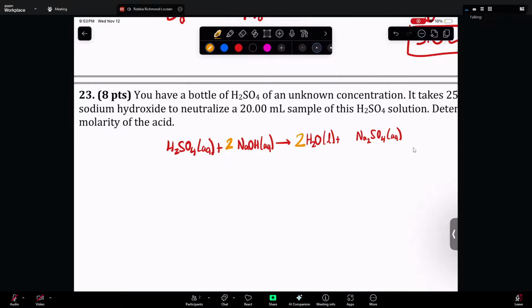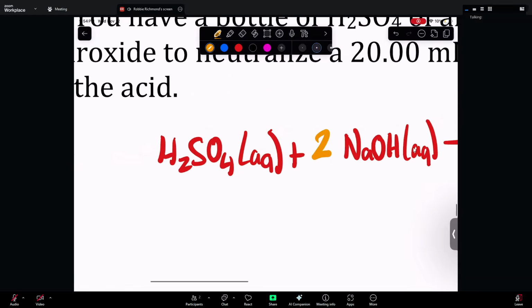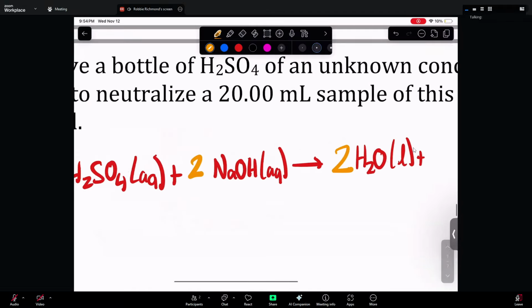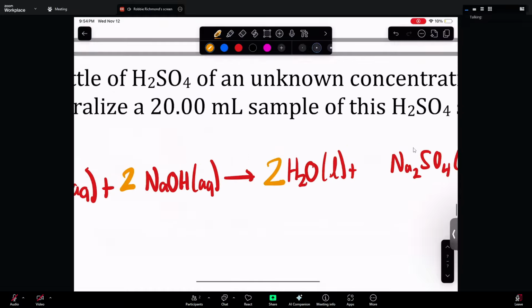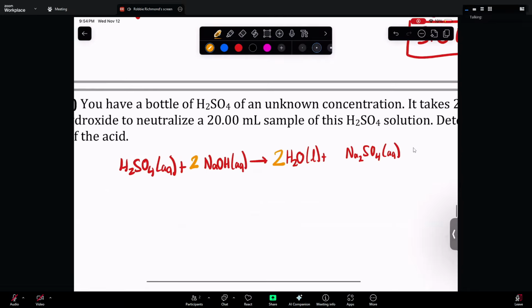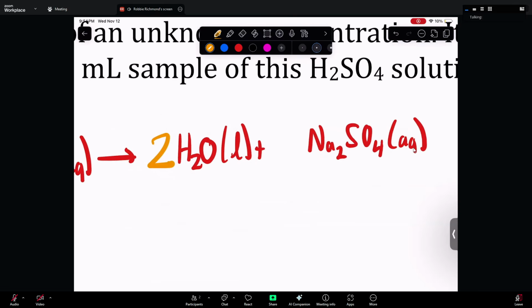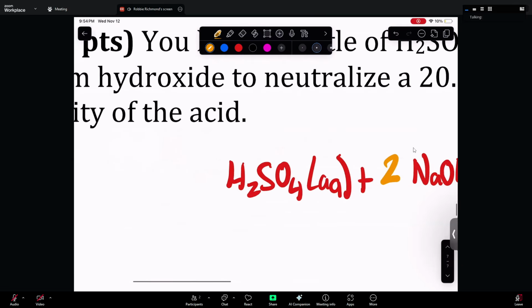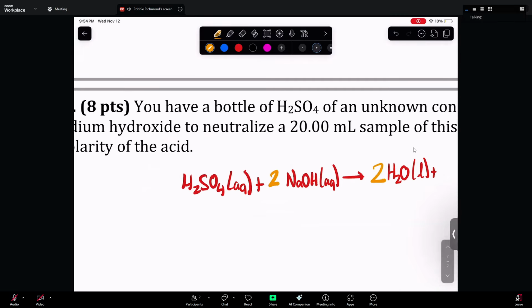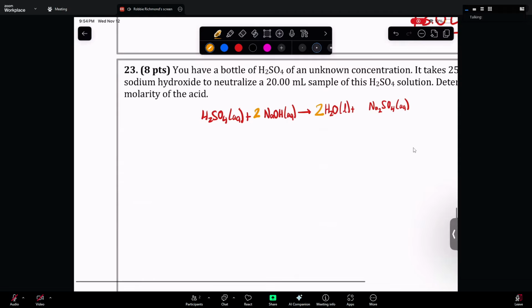And just a general tip for balancing acid-base reactions, I really only look at the hydroxides and the protons and balance those and just throw whatever amount of water we make right here. And usually after you do that, the entire equation should be balanced. You may have to throw another coefficient here just to keep the amount of elements in the reactants consistent with the products. But in this case, we don't have to worry about that.